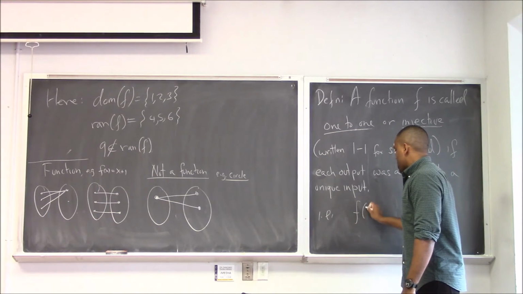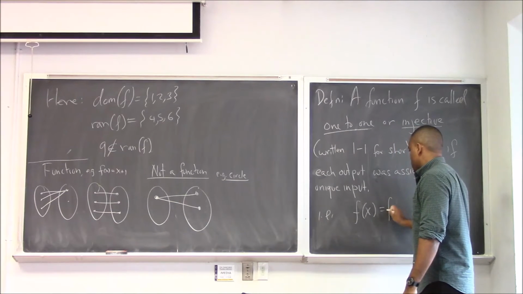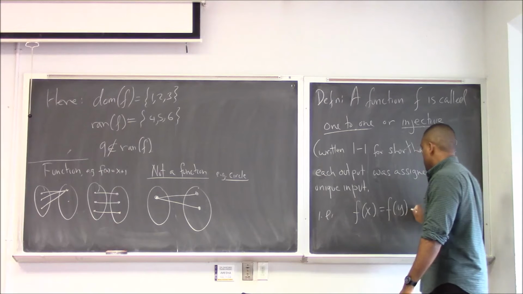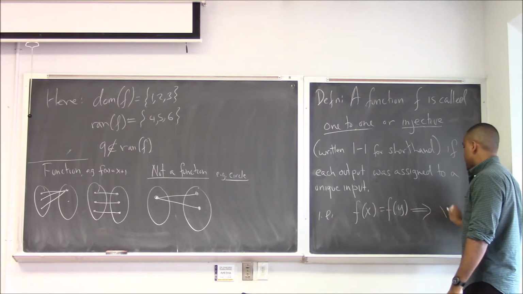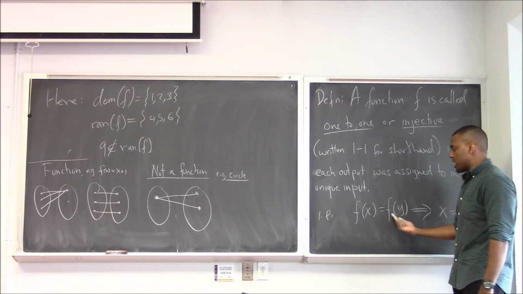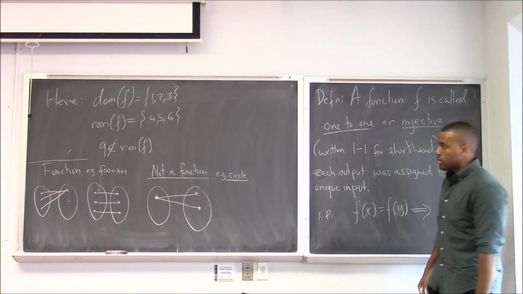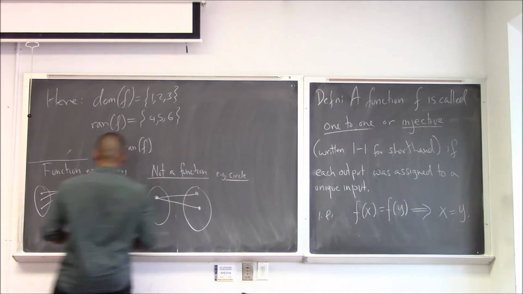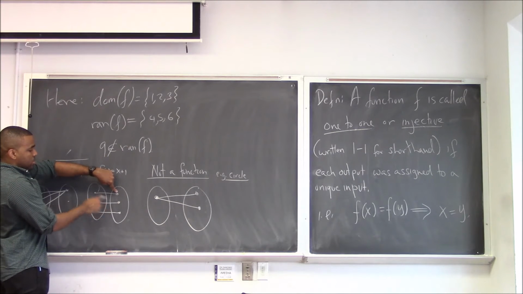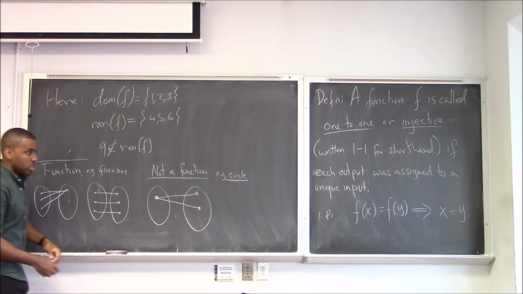If the outputs are the same, if my f of x equals f of y, it must mean that my x was equal to y, right? This output can only come from one input, right? So this is an example of a one-to-one function. If these two outputs are the same, they had to come from the same guy. So that's the definition.